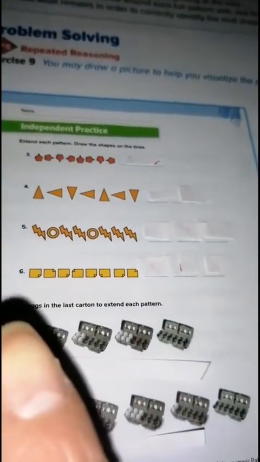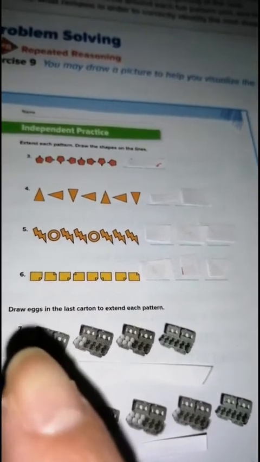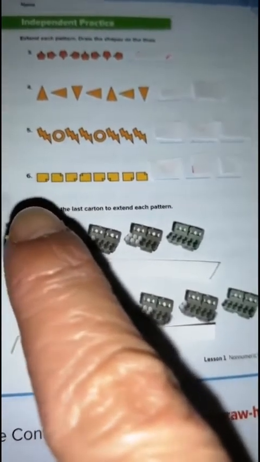Now, non-numeric pattern number 6. Here we have different corners of the folded sheets.